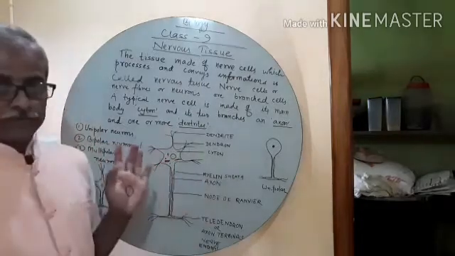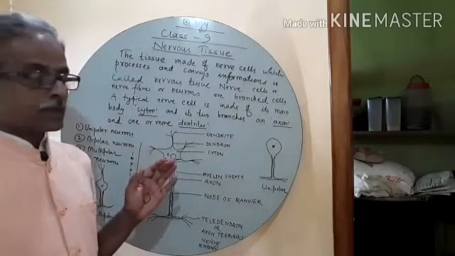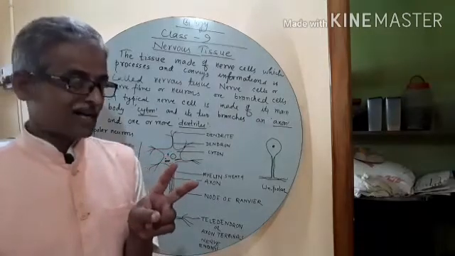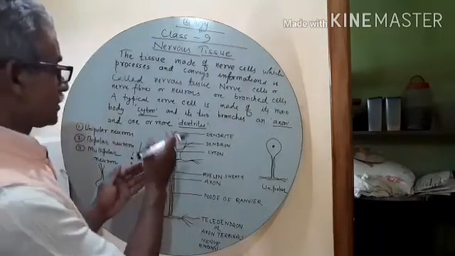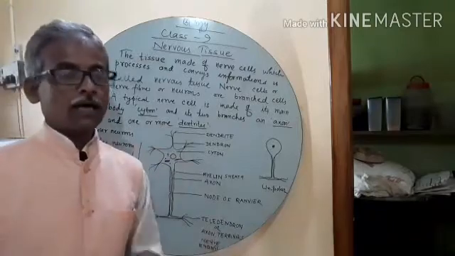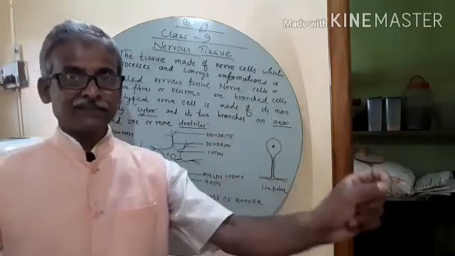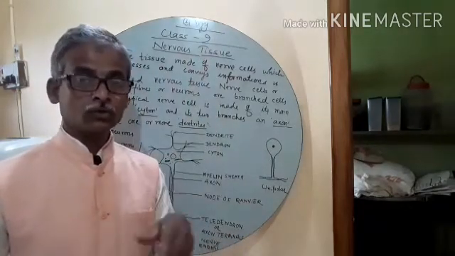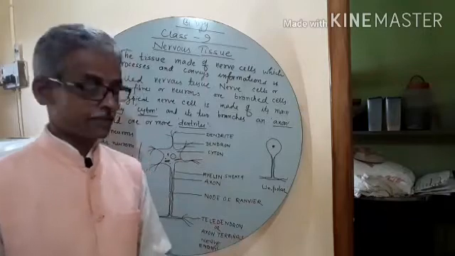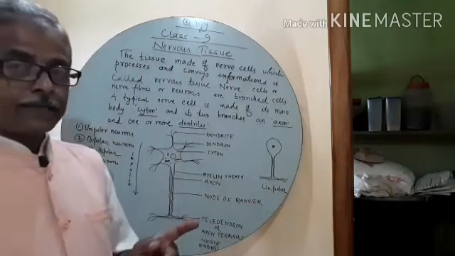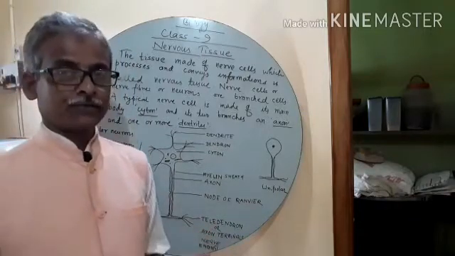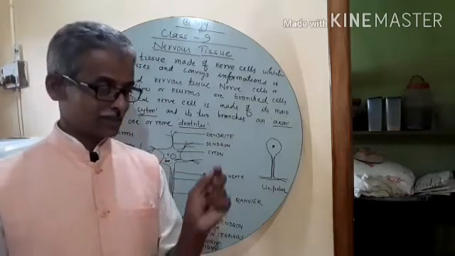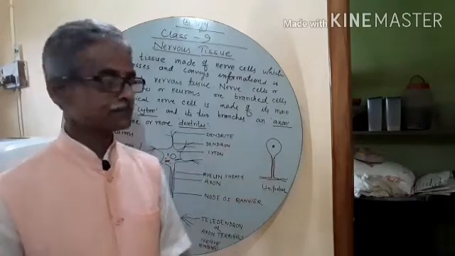All these cells have to do only two functions: either to convey the information from the sensory organ to the brain or central nervous system, or to carry orders from the central nervous system to the target organs.